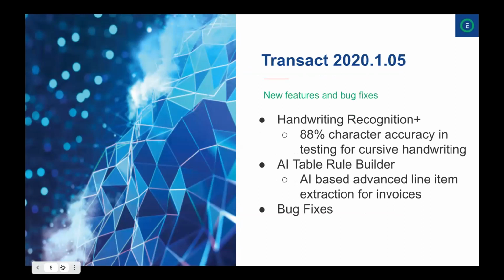Two big major features in this release. The first one is called Handwriting Recognition Plus. I've got an almost unbelievable statistic here. Ephesoft Transact has been really good at typewritten, machine printed documents and forms. But when it comes to handwriting, it's been really dependent on conditions and the quality of the document.